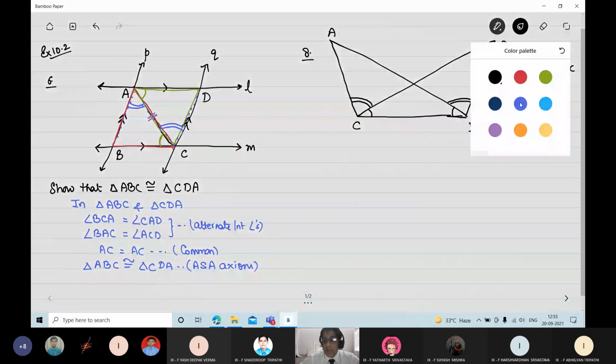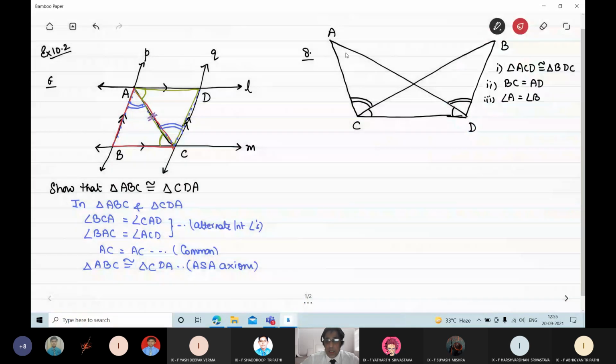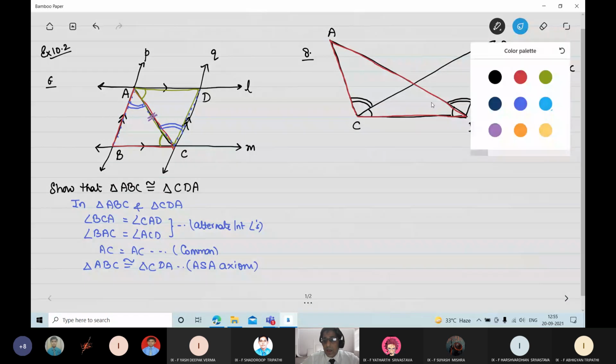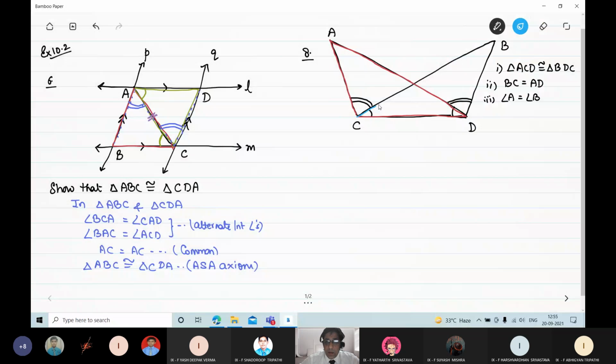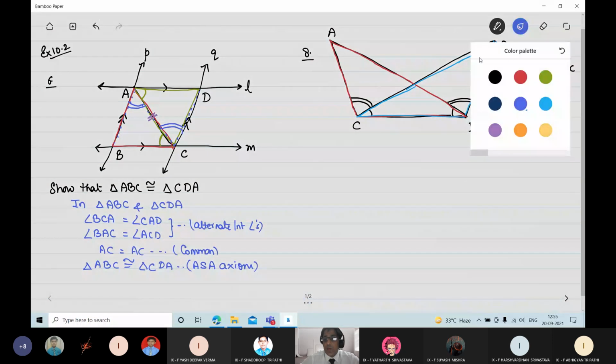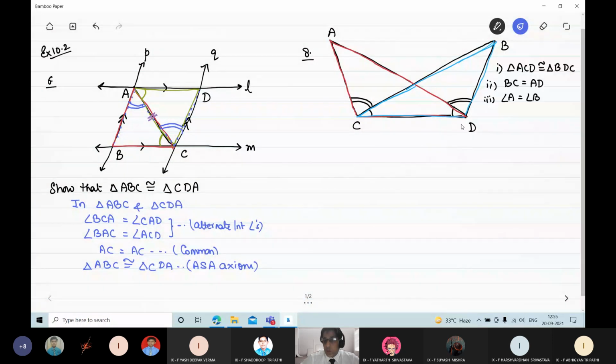So the two triangles which we have to prove congruent are triangle ACD, this is one triangle, the red one, and the other triangle is BCD. These are the two triangles that we have to prove congruent.